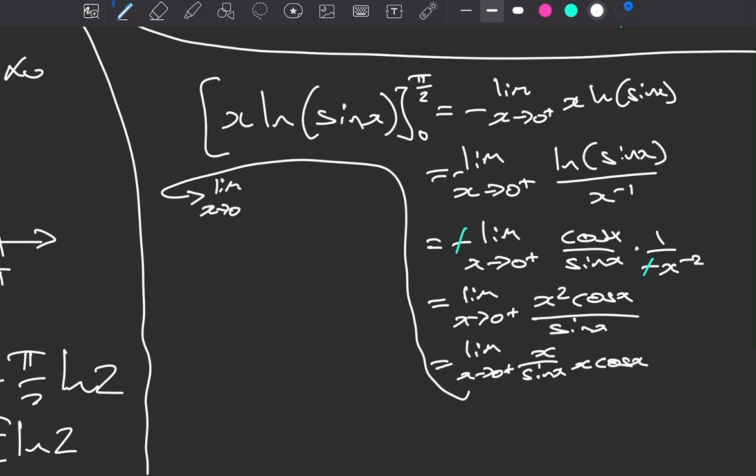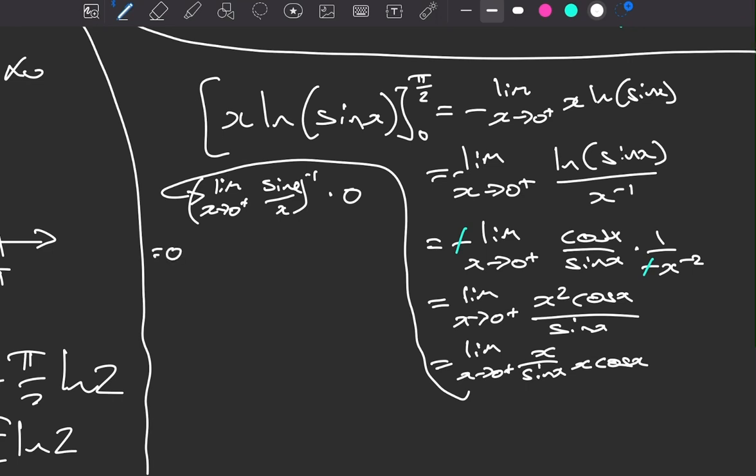So again we've got the limit as x goes to 0 from the positive side of, if we flip this fraction and have sine x over x, we can say that this is to the power of minus 1. Using the power law of limits, we can bring the minus 1 out of the side. We've also got then the limit as x cos x goes to 0. Well, cos of 0 is 1, and 0 times 1 is 0, so this whole thing ends up being 0.